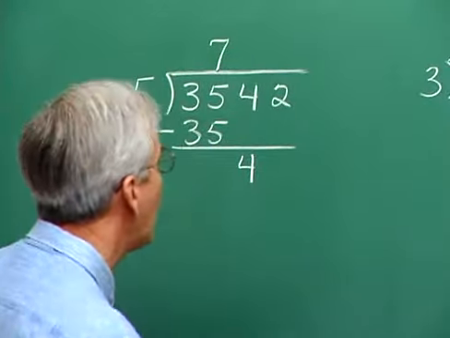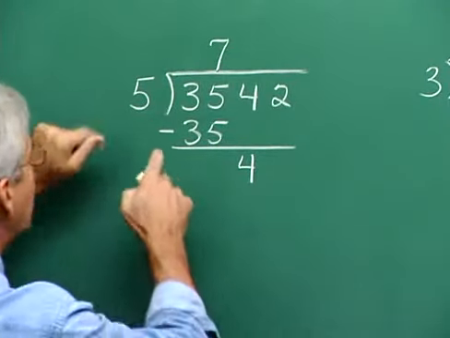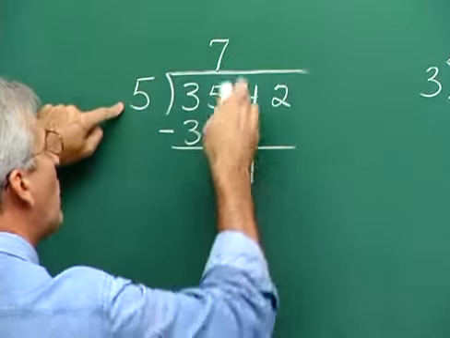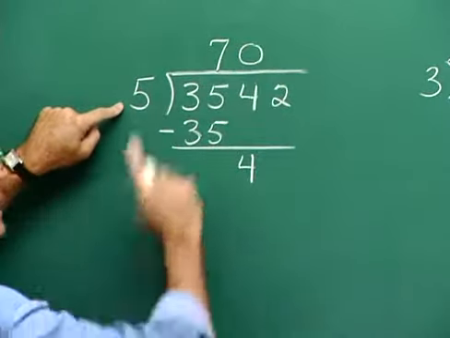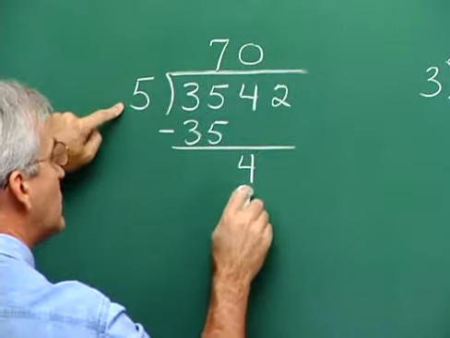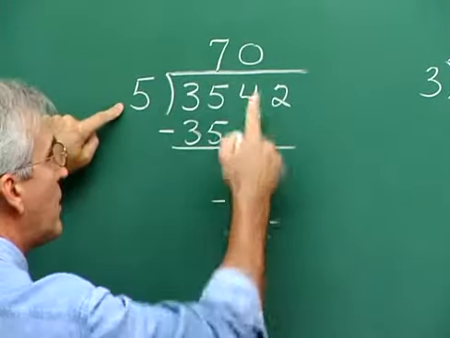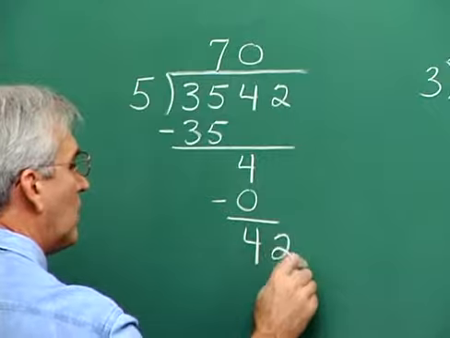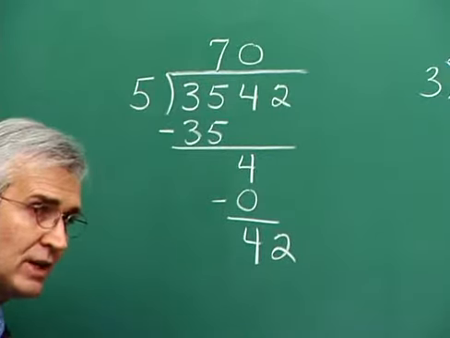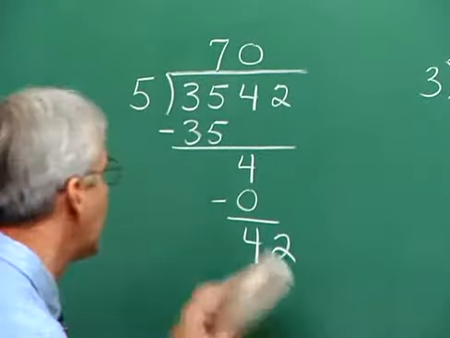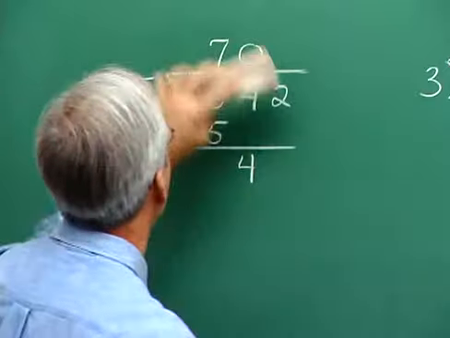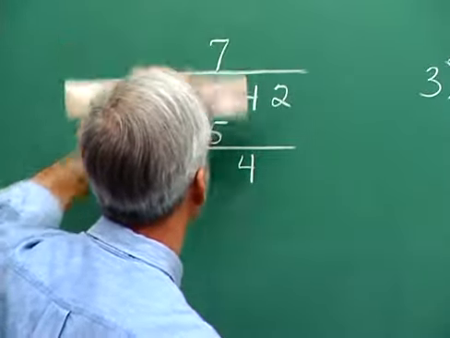And there are actually 2 ways to think about this. One way is like this. We might say, well, 5 goes into 4 no times. And 0 times 5 is 0. And now subtracting, we get 4. You see, and then we bring down the next digit for 42 and continue the process. The other way to handle it is like this. Let's say we're at this position.